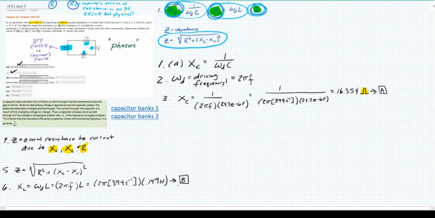Okay, right. So let's get a number on that. I have to store it in alpha A. I have XC in A, and here's XL: 2 times pi times... store alpha B. All right.